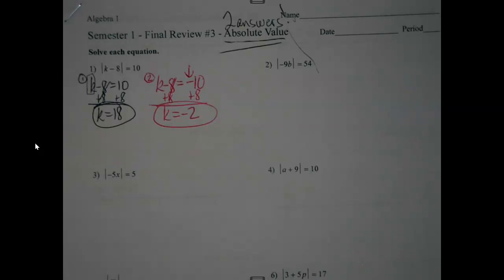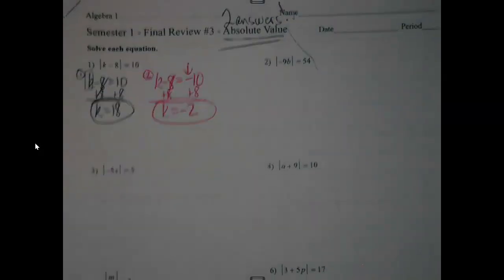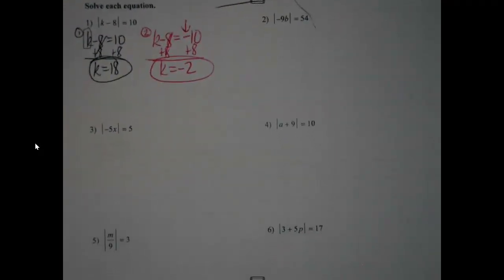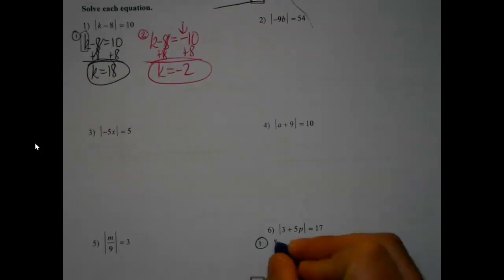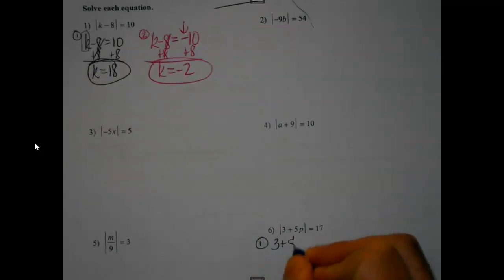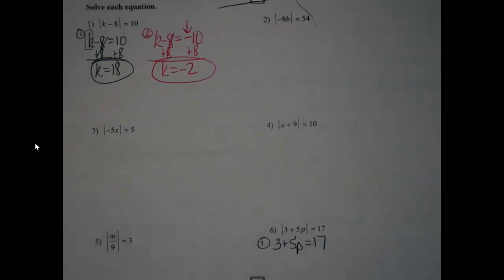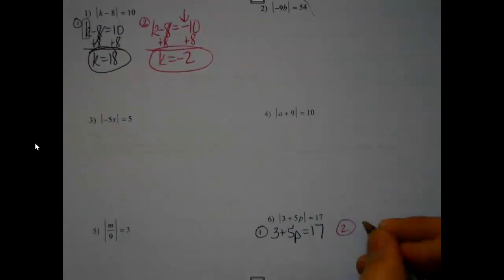So let's say, let's roll down to number 6 here. Concept's the same. Rewrite exactly the same. Don't change a thing. Just lose the bars. Second one.